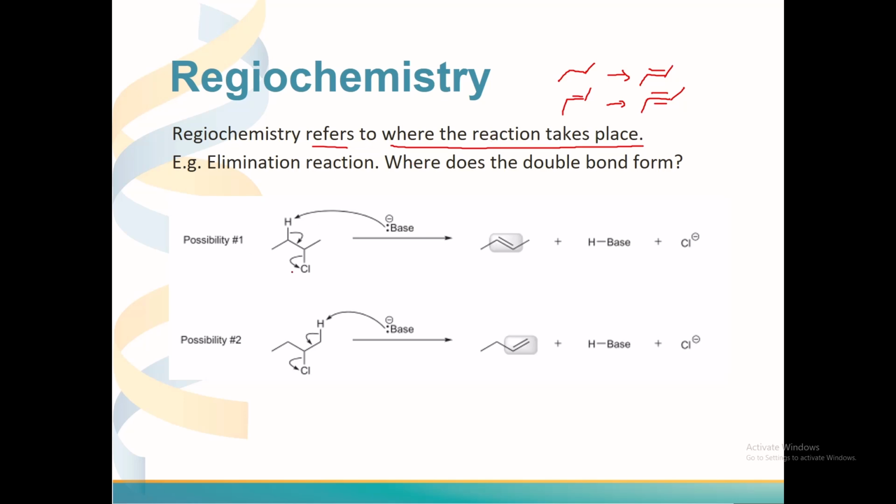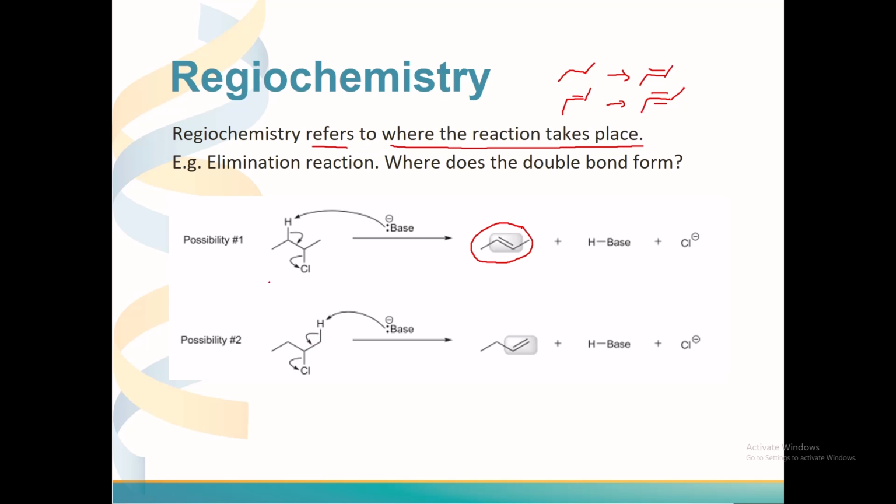Here in this case, you have chlorine in this position, and then you add the base. The base will take the hydrogen, and then this bond will move here, forming a new double bond in this position. Another possibility is that the base will attract this hydrogen, and then the double bond will be formed here.